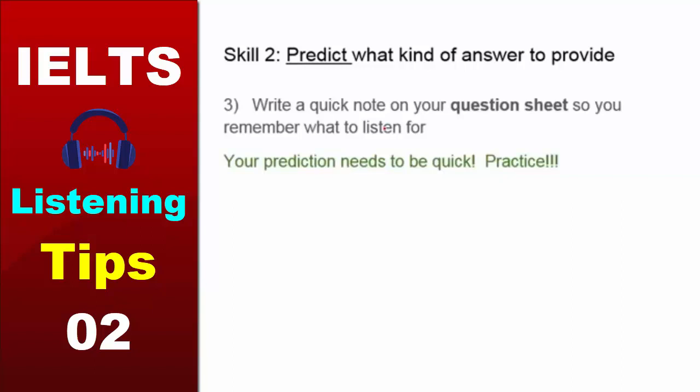You can scribble a note to yourself on your answer sheet to remind yourself if you have time. Just like your analysis, all of this needs to be quick. Both your analysis and your predictions work together. It's not like you do analysis first and then make predictions. Both of these happen at the same time. You're analyzing and predicting what to expect when you listen to the passage.